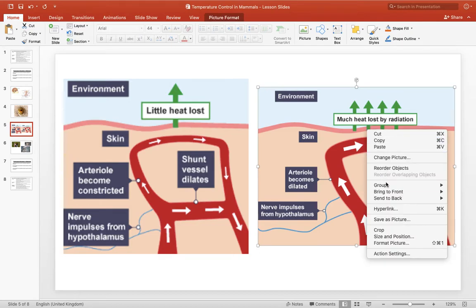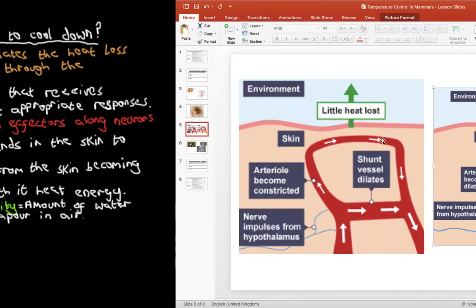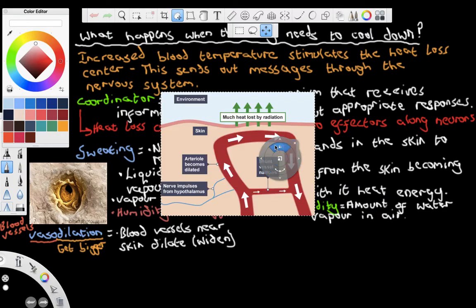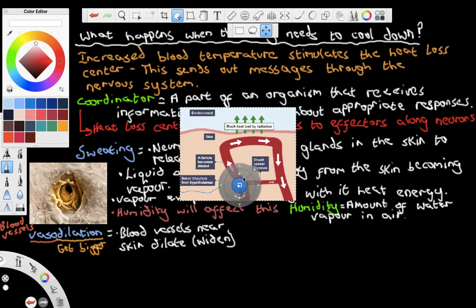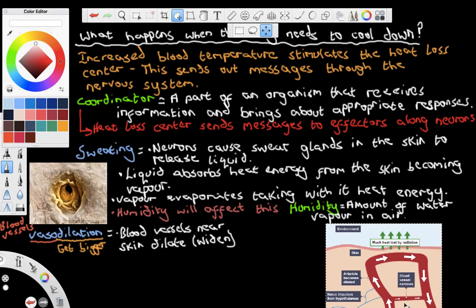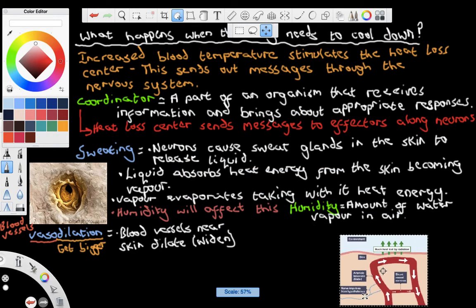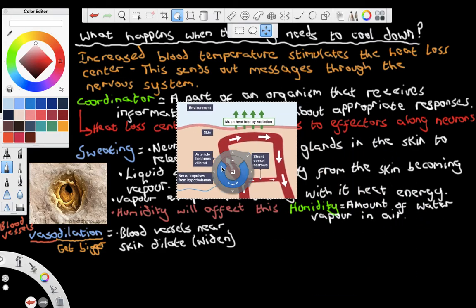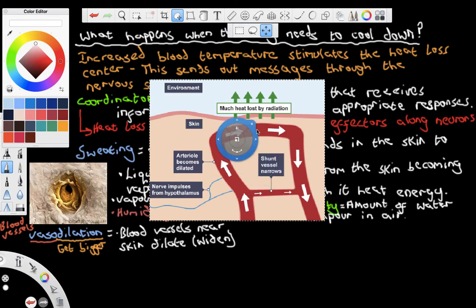Okay? So when heat needs to be lost, these shunt vessels will narrow, forcing blood to flow through blood capillaries near the skin.